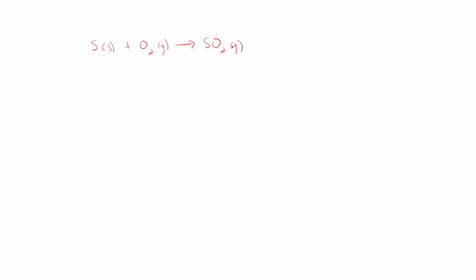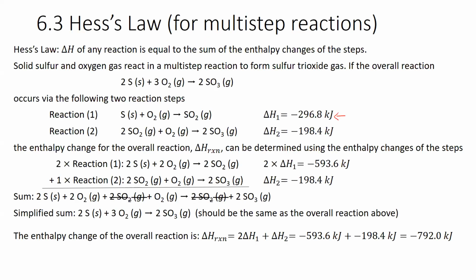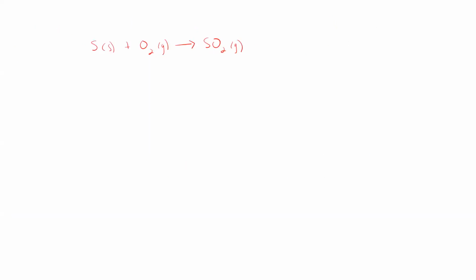This particular reaction, as you can see from where that arrow is, comes along with a delta H, this enthalpy change. And so the enthalpy change for this reaction is negative 296.8. Okay. So delta H equal to negative 296.8 kilojoules.